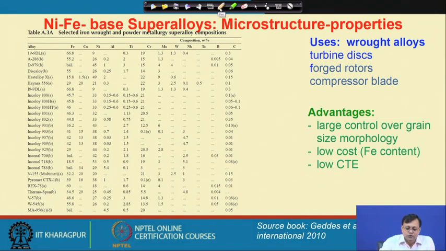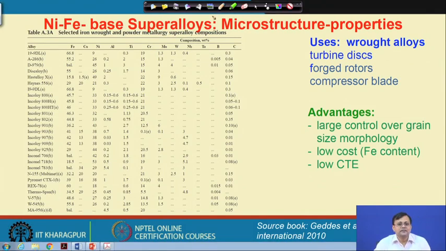So, I show you some of the composition ranges of various nickel based alloys. Here there is a series of Inconel, these are quite large, and if you have a look at the niobium concentration, which is added purposely to get the gamma double prime phase, the concentration is quite high in several alloys.